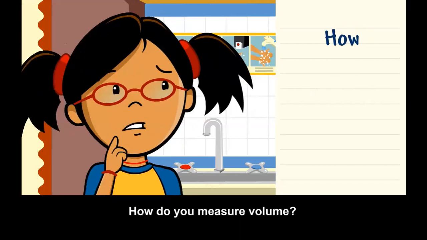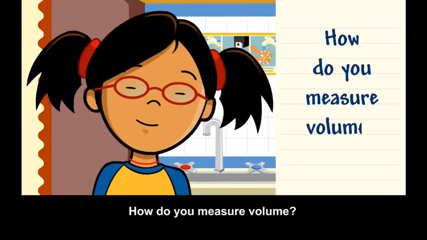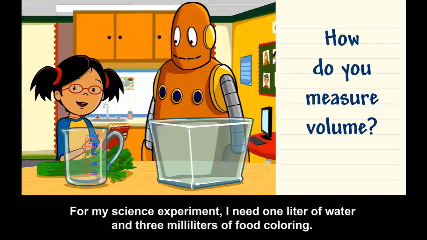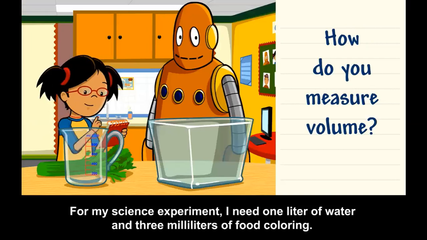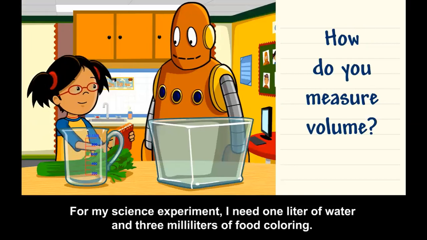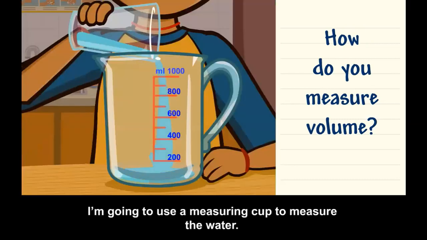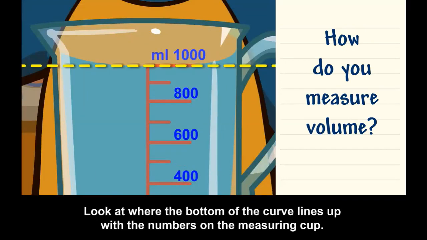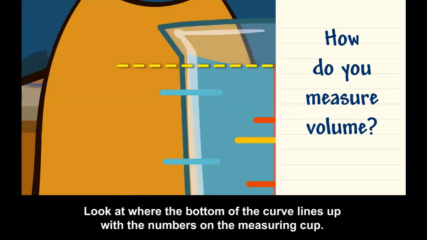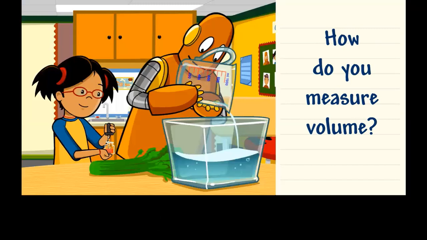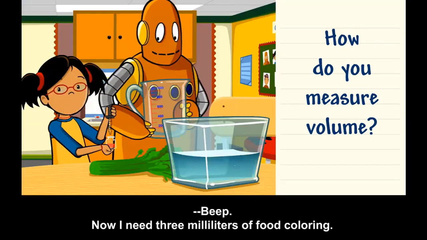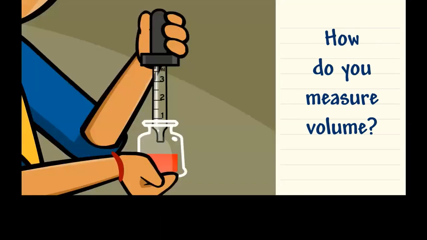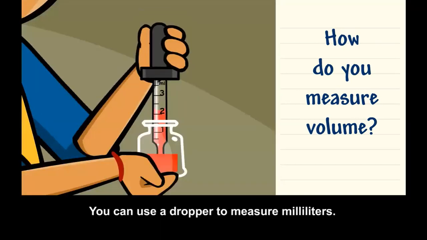How do you measure volume? For my science experiment, I need 1 liter of water and 3 milliliters of food coloring. I'm going to use a measuring cup to measure the water. When you measure the volume of a liquid, the surface will curve. Look at where the bottom of the curve lines up with the numbers on the measuring cup. Now I need 3 milliliters of food coloring. You can use a dropper to measure milliliters.